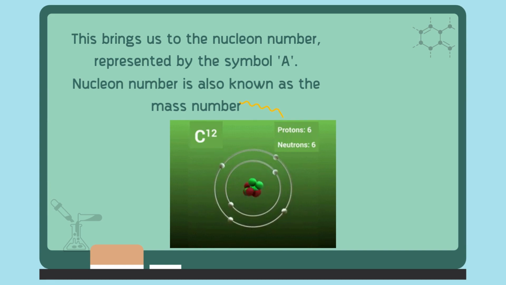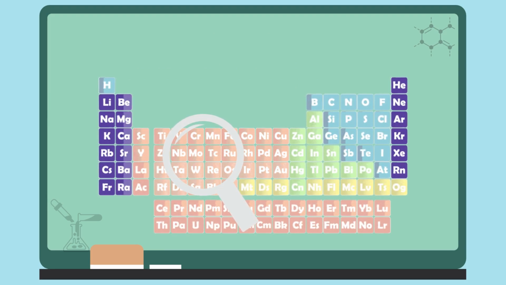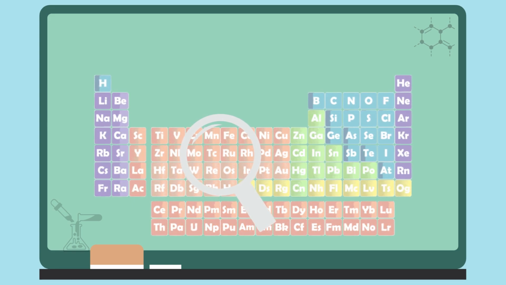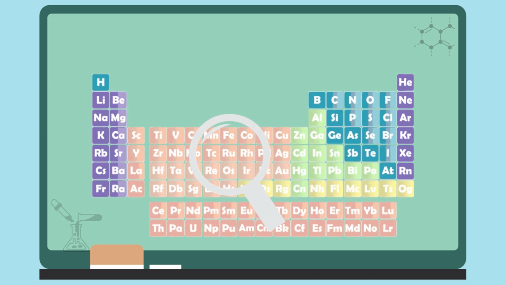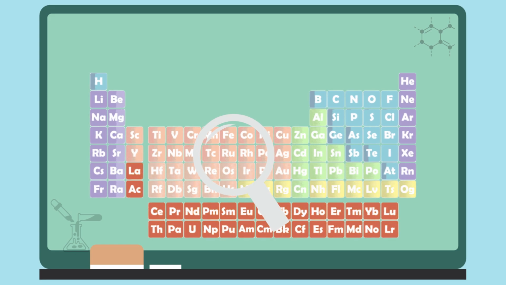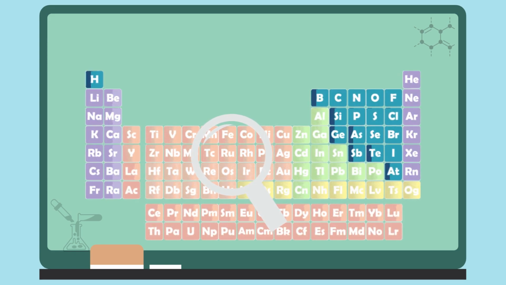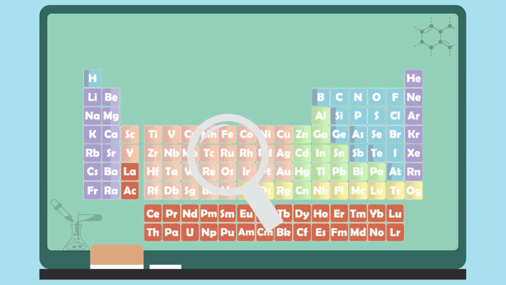Let's say you look up an element in the periodic table and you know the mass number or the nucleon number of that element, but you want to find out the number of neutrons. You can always subtract the proton number from this nucleon number to find out the number of neutrons.